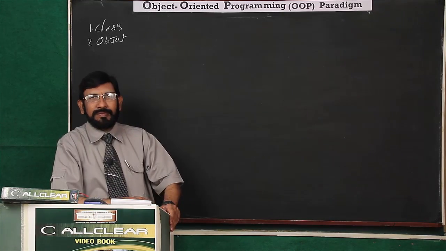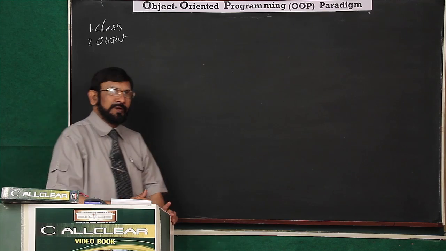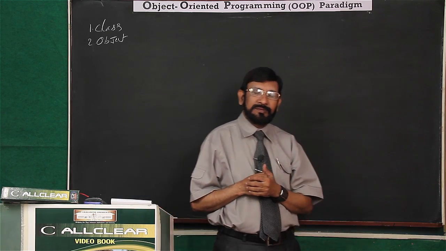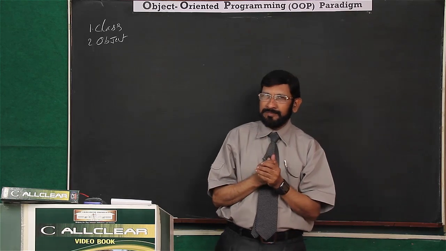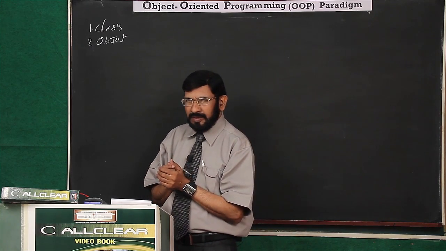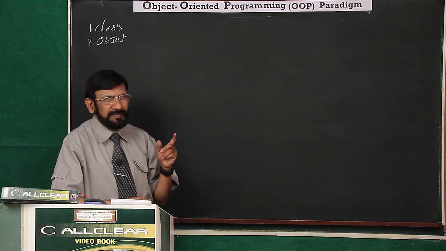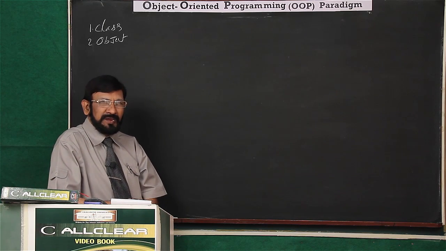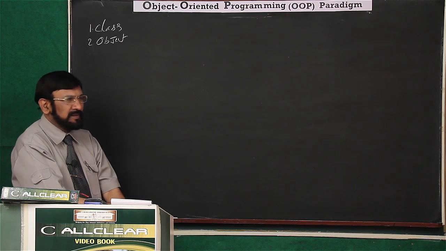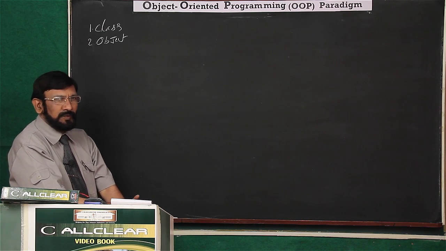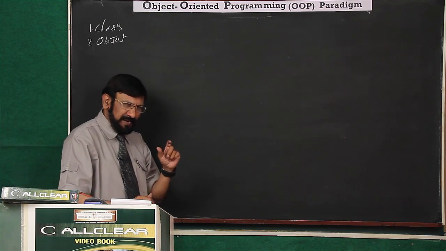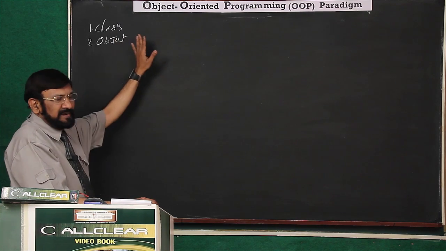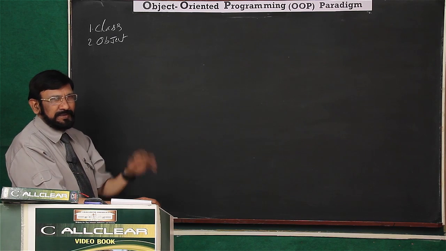Now, I strongly believe that you understood these two concepts in a pragmatic way. If you don't understand these two concepts, discussing the remaining concepts is a futile effort. So, if you have any doubt, once again watch the lecture. First, try to understand what is the class, what is the object.